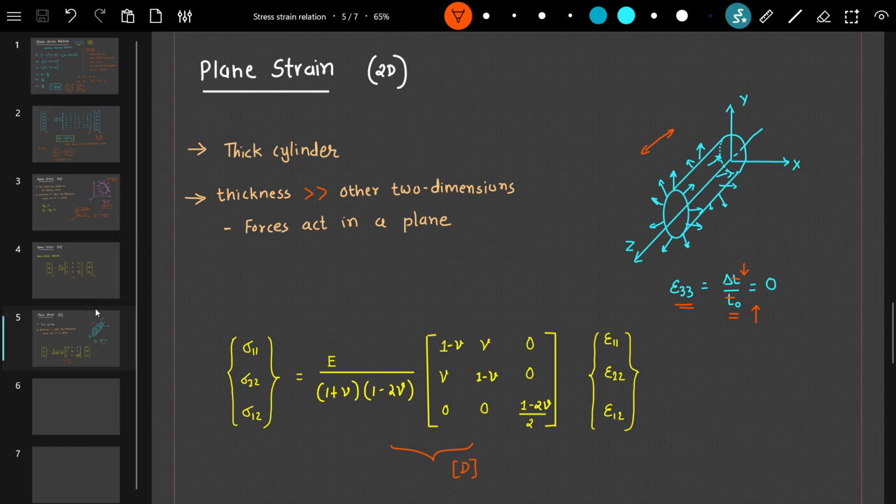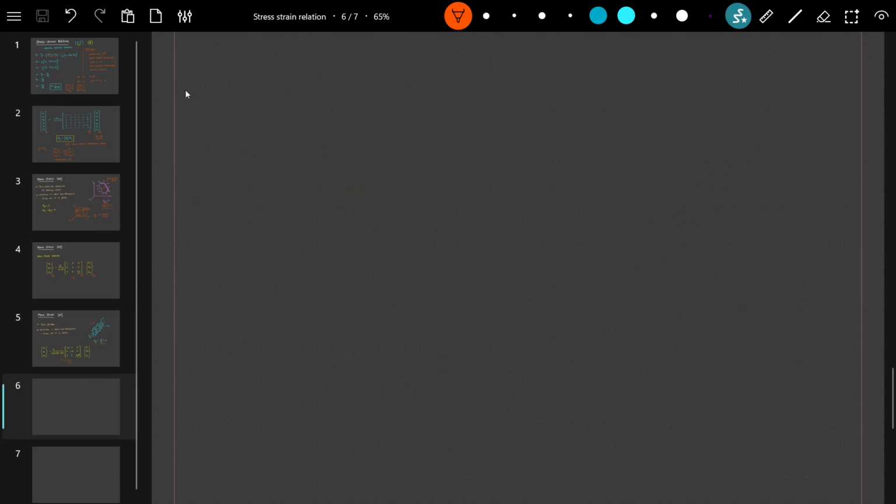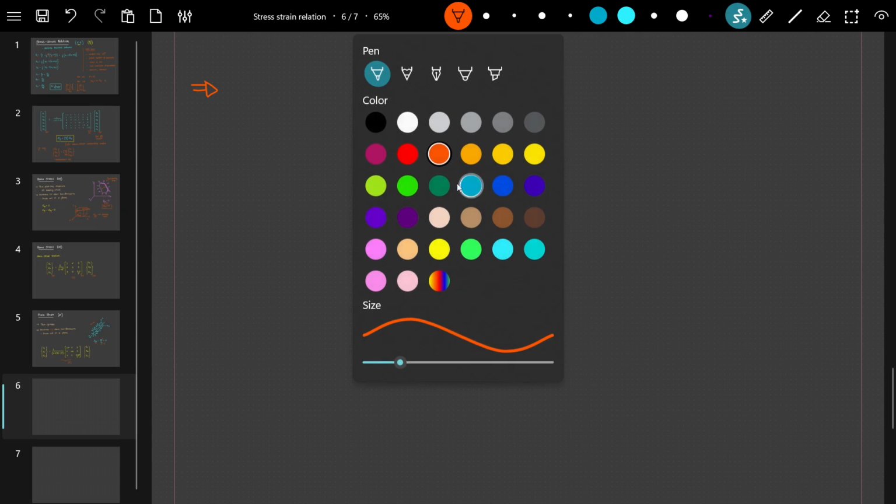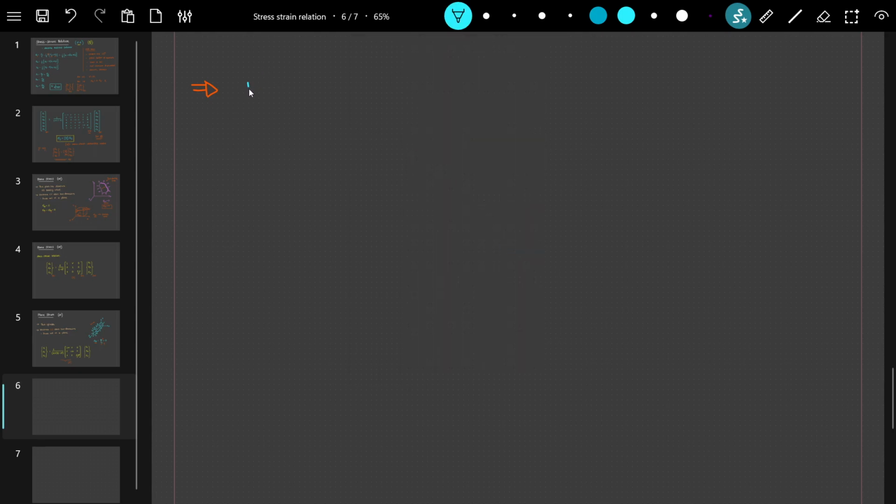So we understood stress strain relationship for three cases: 3D, plane stress and plane strain. Now I just want to explain one more concept, free surface. Let's take a coordinate system here, x, y, z, and let's say there is a 3D body.